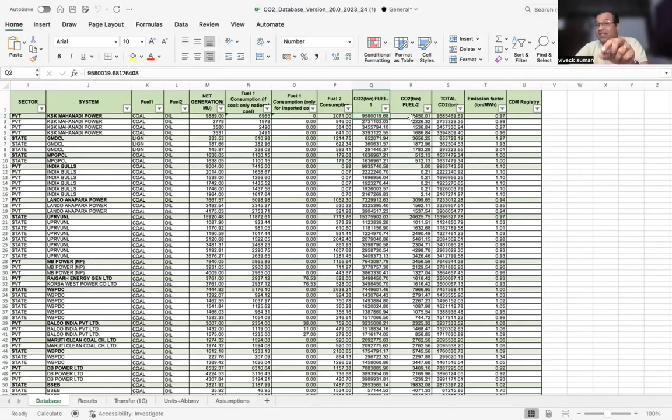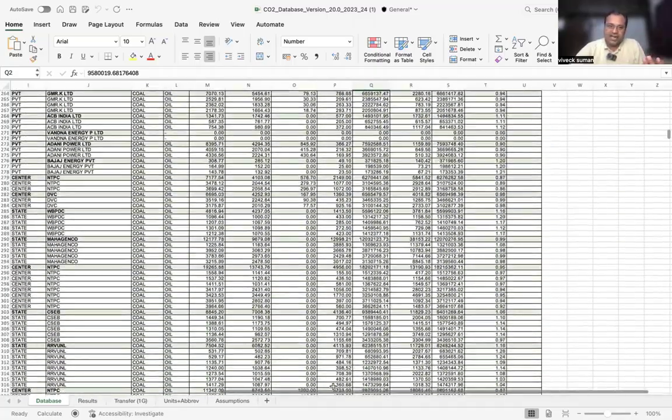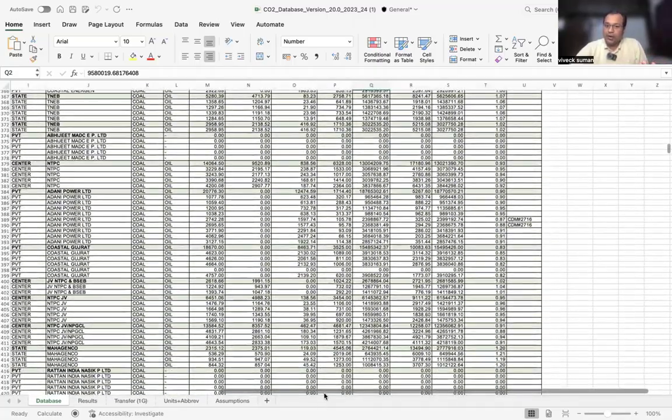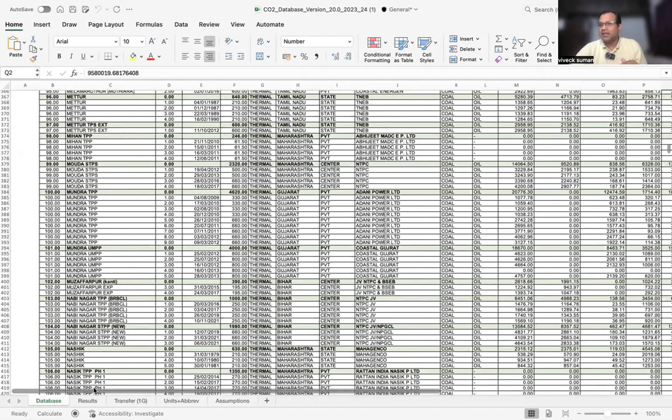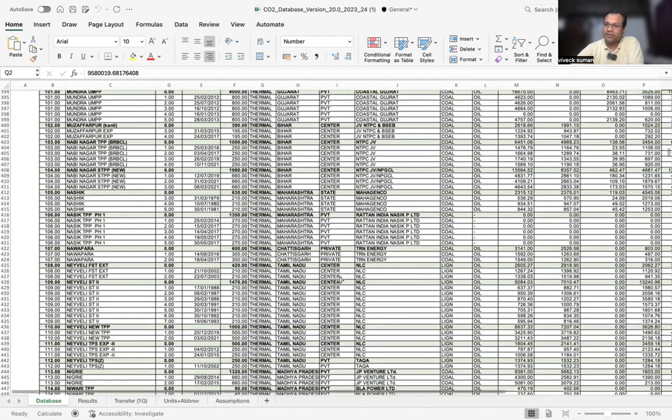But maybe the intensity of that fuel 2 might be higher in this case, specifically if it is a naphtha one. If you see naphtha ones, fuel 1 will have a lesser carbon intensity than fuel 2, where fuel 2 will be higher. Why? Because they are using coal as a secondary power.